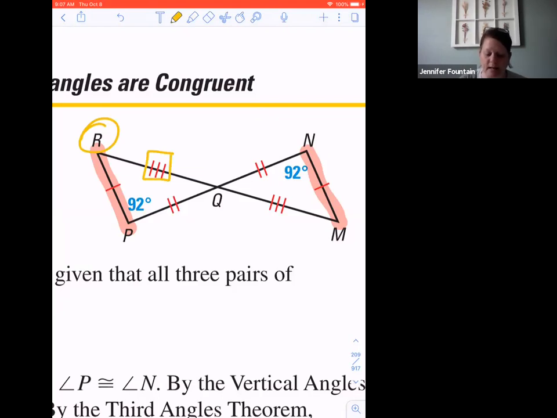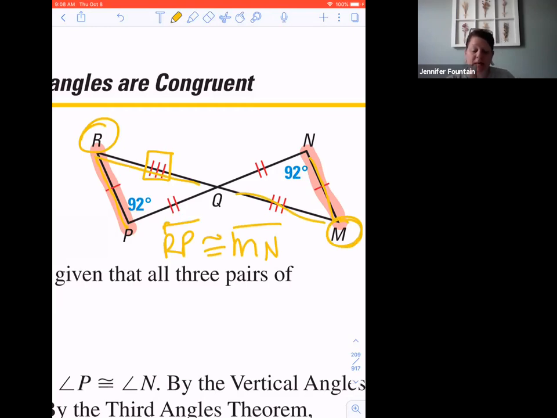Therefore, I said RP is congruent to MN, because I started with R here, which was the angle between my 1 and 3 hash marks. My angle between 1 and 3 hash marks over here is M. So remember, I need to name them in order. So that means that if R and M correspond, then angle P and angle N correspond.